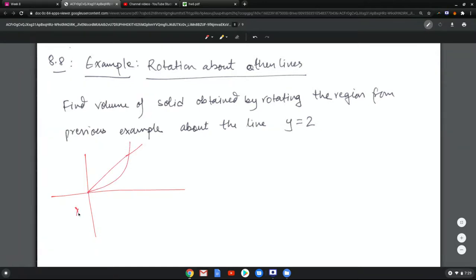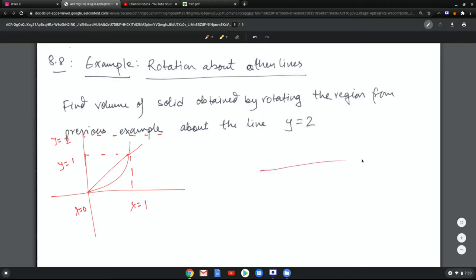We have this graph from x equals 0 to x equals 1, and that's y equals 1. Now we're saying that instead of rotating it along the x-axis, we're going to rotate it on the y equals 2 axis.